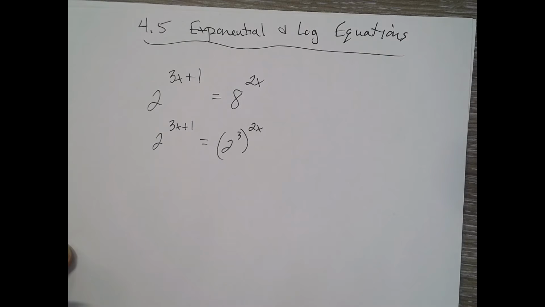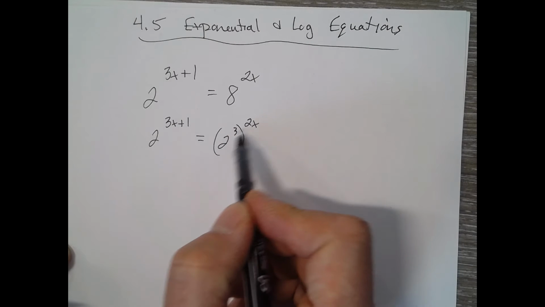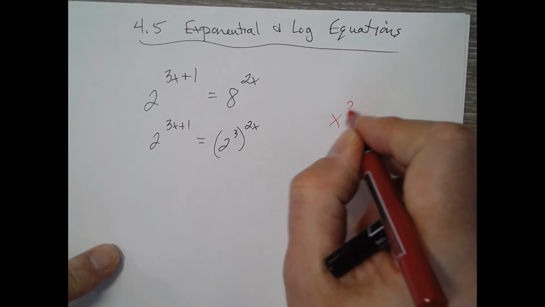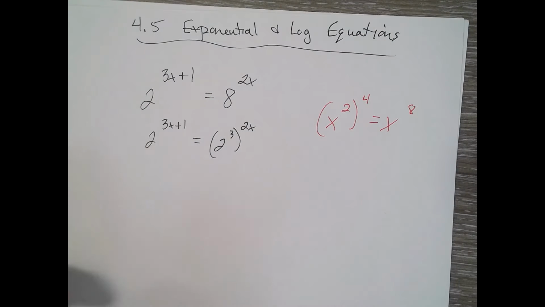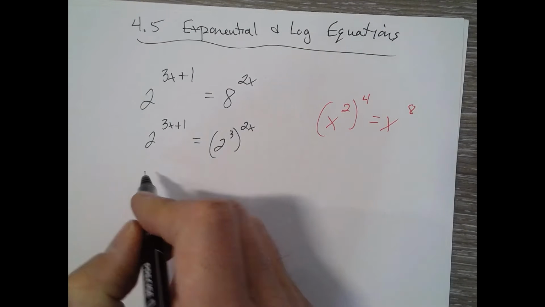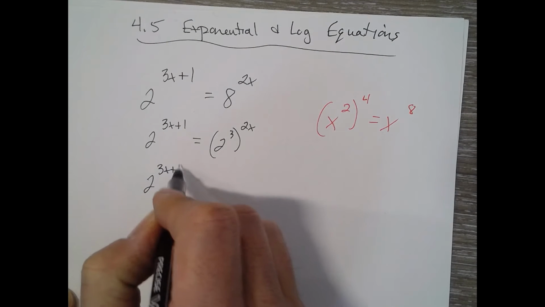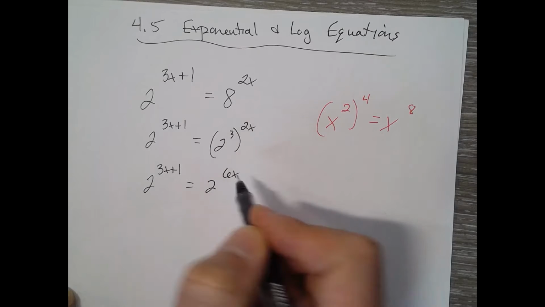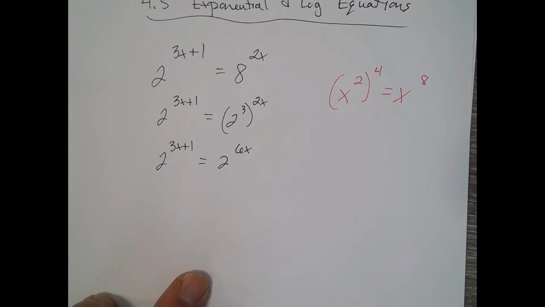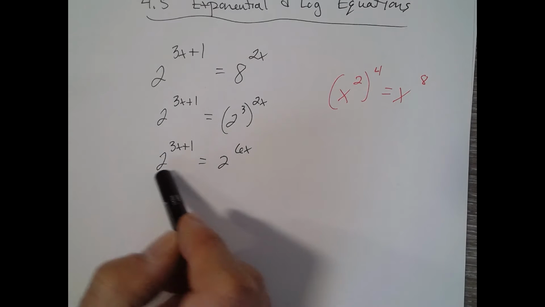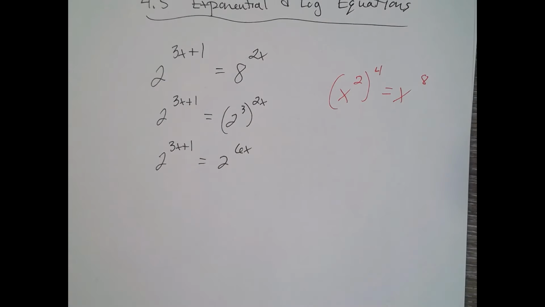And then we can multiply, like if I have x squared to the 4th, we know that that is x to the 8th. So we multiply these exponents. We have 2 to the 3x plus 1 equals 2 to the 6x. And then you can either, by inspection, see that the bases are the same, so the exponents must also be the same.